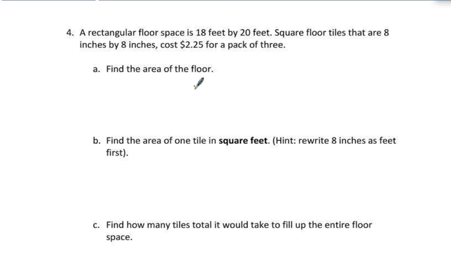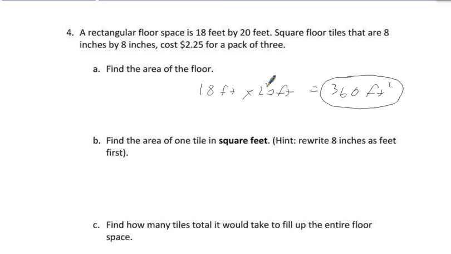Find the area of the floor. 18 feet times 20 feet is 360 feet squared. That's the area of the room that we're going to tile. And because this is rectangular, it's just base times height, or length times width.